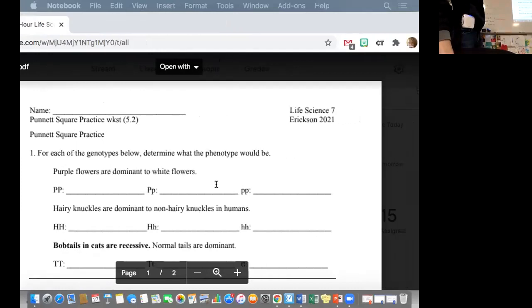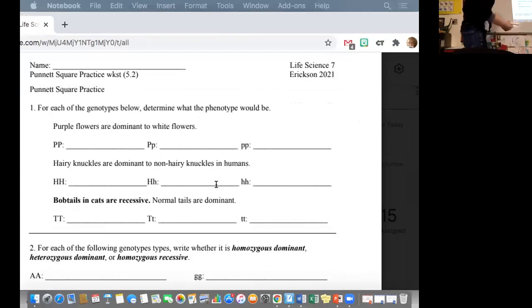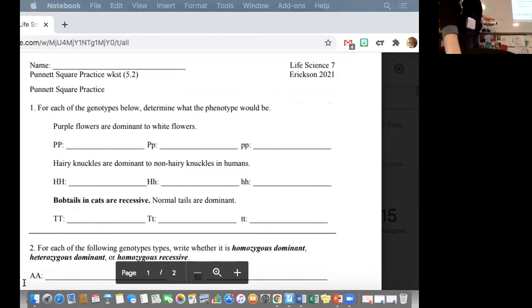This is what your assignment looks like. I should have posted it in Google Classroom. I do have paper copies for those. In this first part, they give you the genotype and ask what this individual looks like. It says purple flowers are dominant to white flowers, so you tell me what they look like based on their genotype.